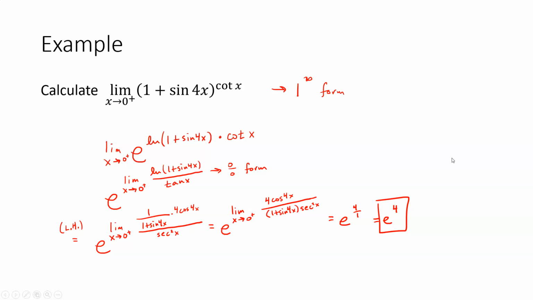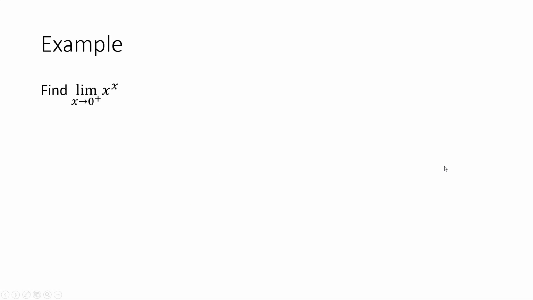Let's try one more example like this. Say I've got the limit as x approaches 0 from the right of x to the power of x. Right, so clearly this one's in the 0 to the power of 0 form. So our manipulation here will do the same exact trick that we did before.